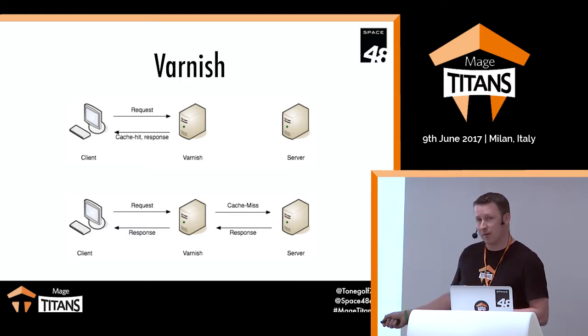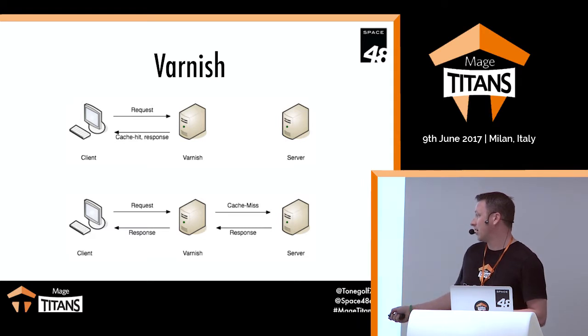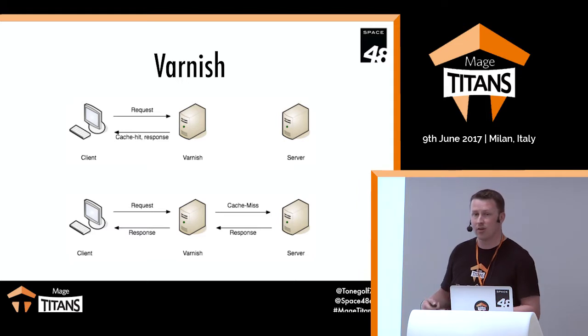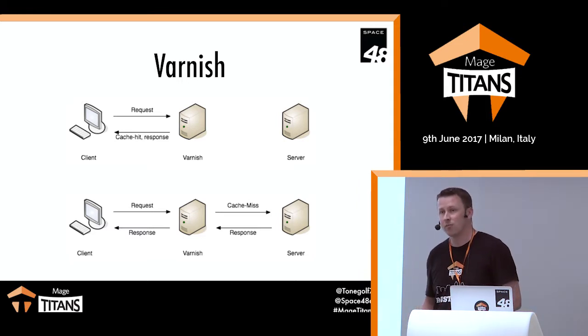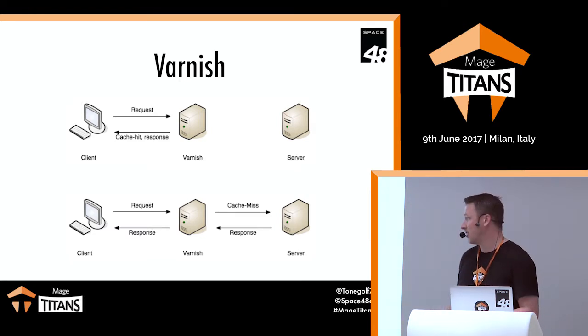When this is passed back, utilizing HTTP headers in the response, Magento will be effectively instructing Varnish whether to hold on to that copy of the content and cache it. Because there are some scenarios that we actually don't want Varnish to cache that page. For example, the admin and the checkout, that is how Magento is configured as standard to not cache those pages.